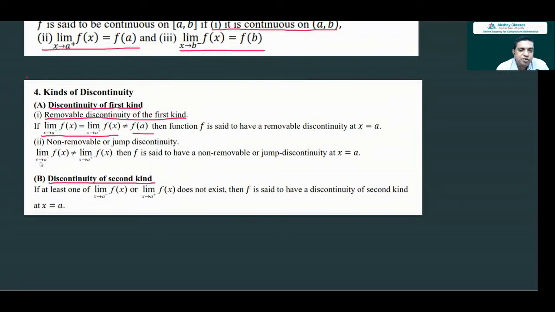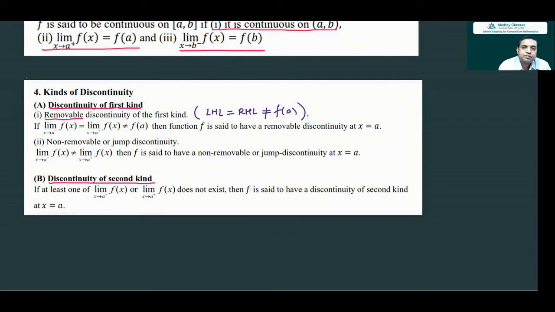So, removable discontinuity of the first kind: the limit exists, but it is not equal to the function value. I'm writing here: the left-hand limit is equal to the right-hand limit, however, they are not equal to the function value at that point. Therefore, the function is discontinuous, but it is called removable discontinuity. Why is it called removable?